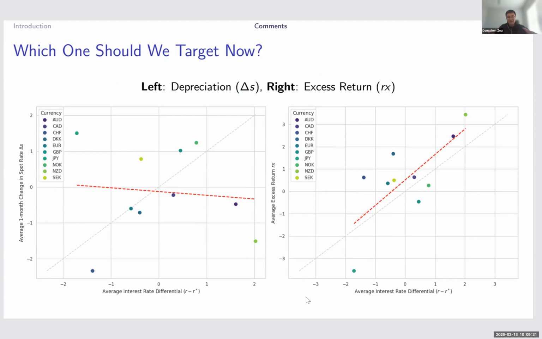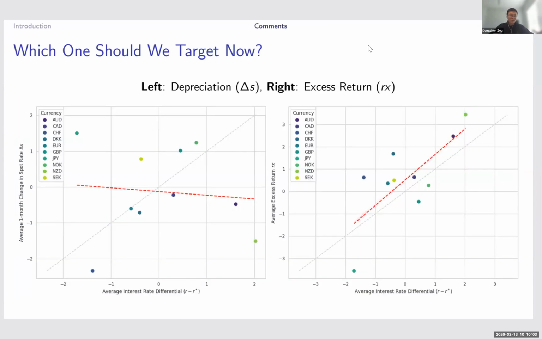You see it almost matches this 45-degree line, while for the depreciation, it's almost zero. So what does it mean? It means that high interest rate countries like Australia or New Zealand have a higher risk premium, not because they have a high appreciation in their currency, but because they, in general, have higher interest rate differentials compared to the home country here, which is the US dollar.